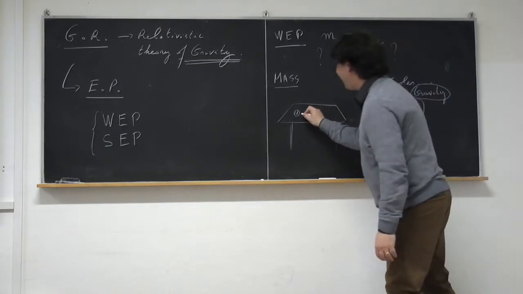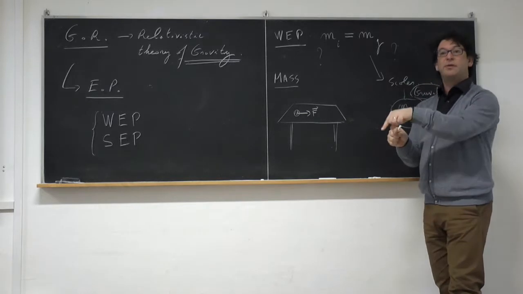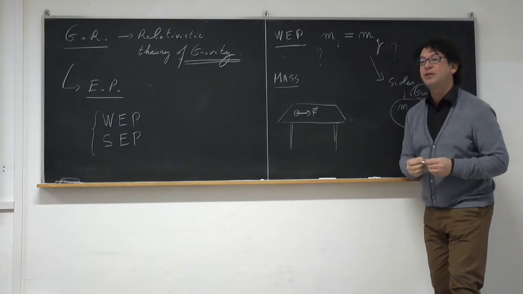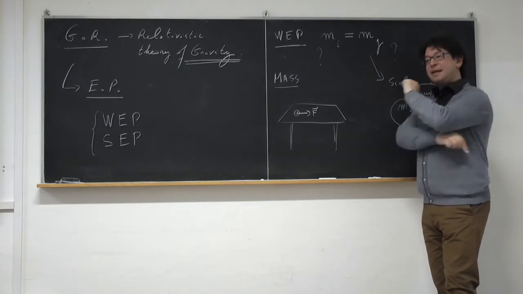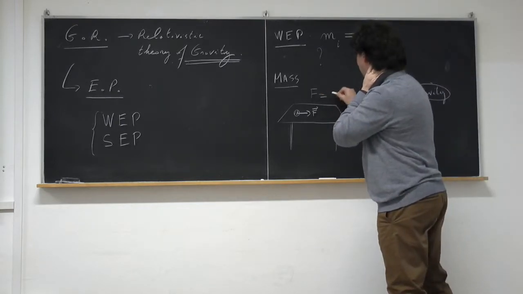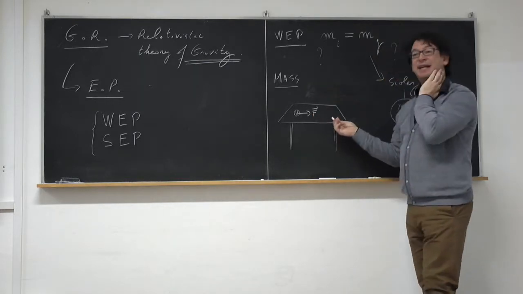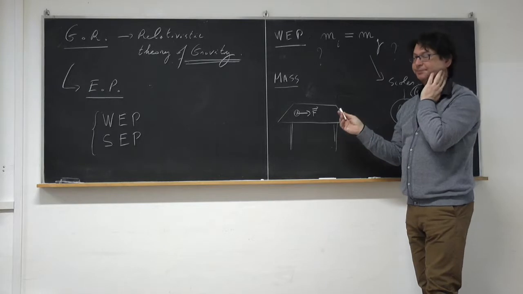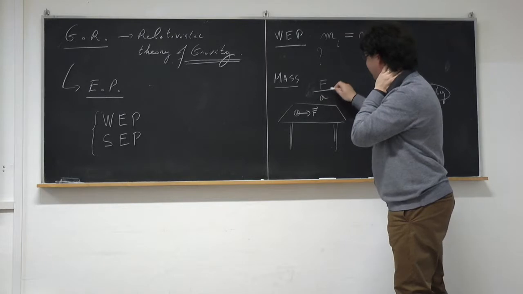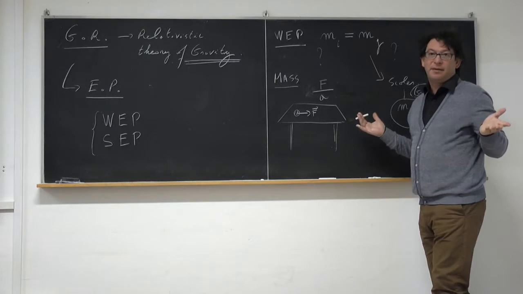If I act with a known force F on that object, and the object is free to move, what happens? Yes, the object accelerates, indeed. And if I measure the acceleration carefully, what happens if I calculate the ratio force over acceleration? What do you get? Mass.